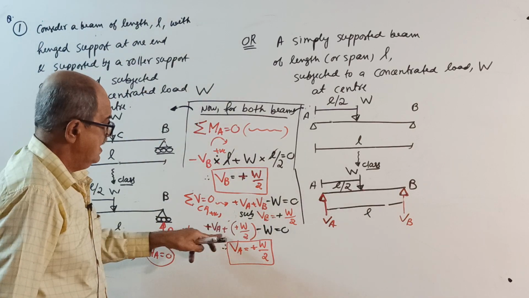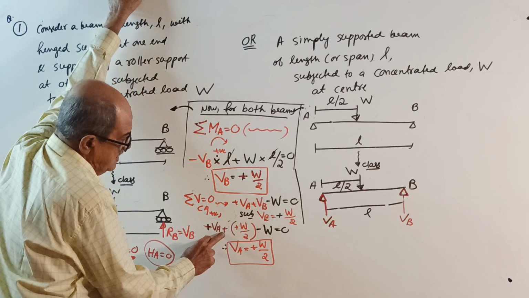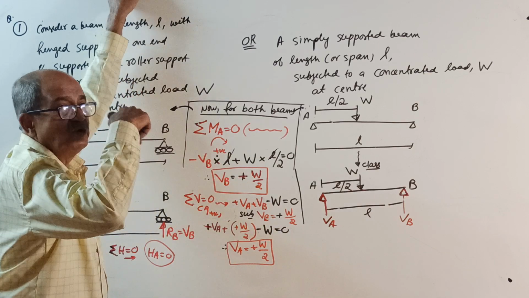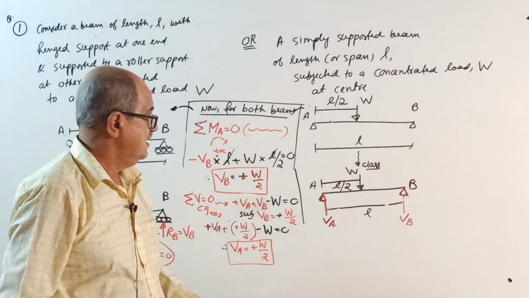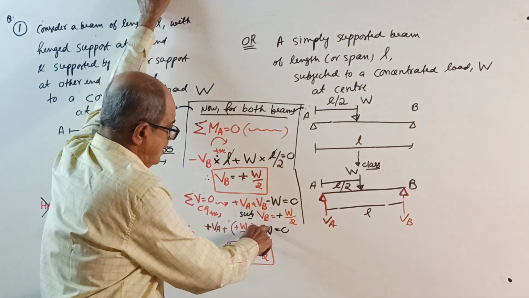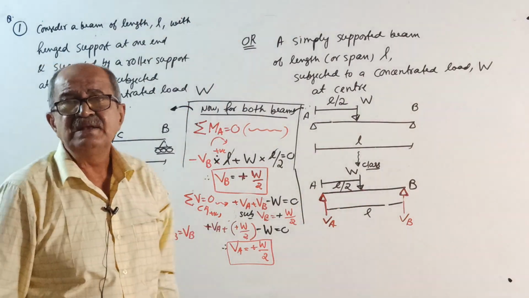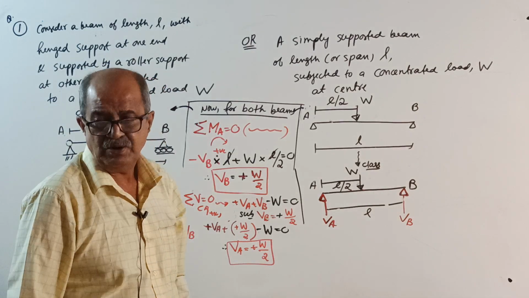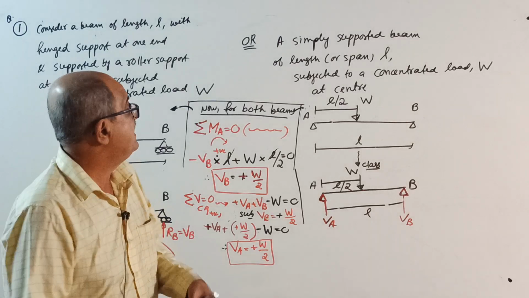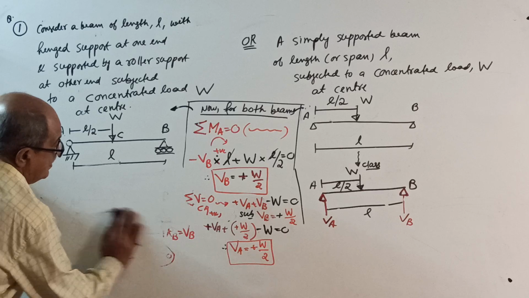You get VA plus W by 2 minus W equal to 0, so VA equals W minus W by 2. This is high school mathematics. One minus half is half, so VA is plus W by 2. Now write the answer. Therefore, see, answer.